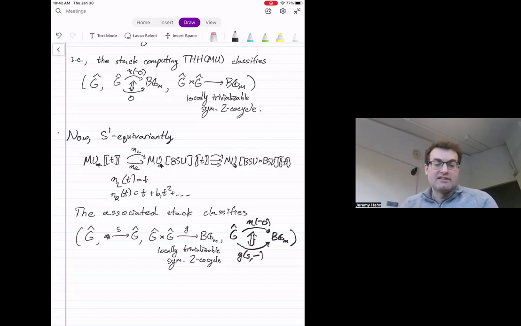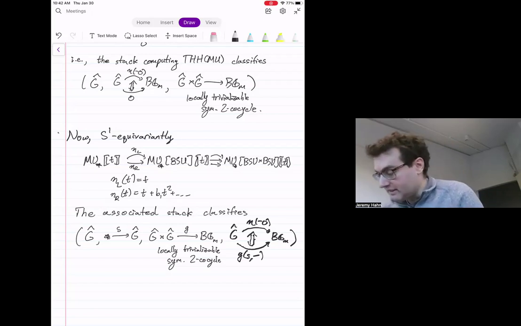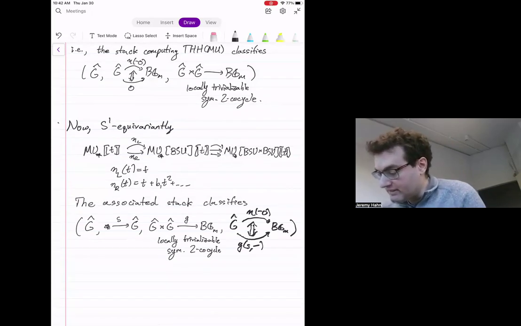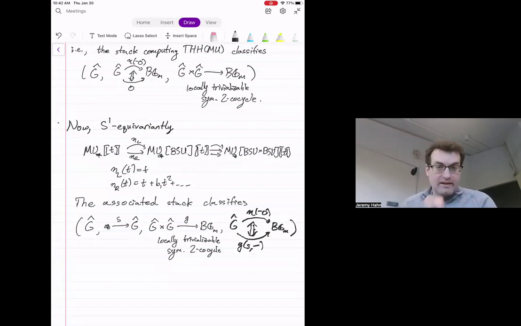So the section is some map from a point into G hat. And if I pre-compose my symmetric 2 cocycle with that section in either variable, because it's symmetric, it doesn't matter which variable I use, I just get a map from G hat to BGM, just by pre-composition. And so somehow there are two line bundles in the picture, and one demands an isomorphism between them. This isomorphism is also required to be locally trivializable.